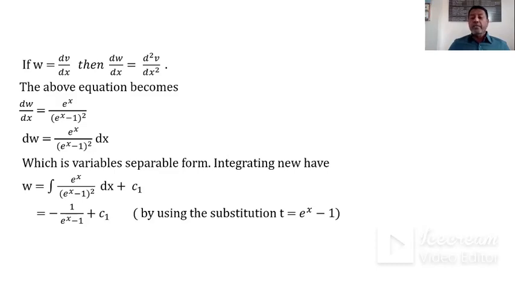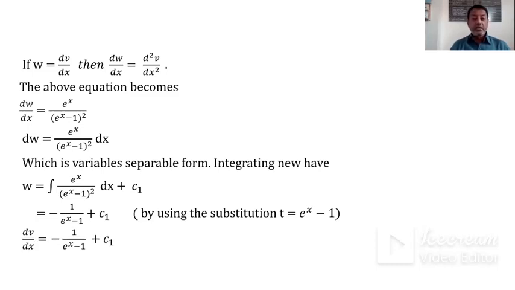And then taking the derivatives and so on, the remaining part you are able to solve. After evaluating this integral, we get minus 1 upon e to the power x minus 1 plus c1. Now here again substitute the value of w as v dash, meaning it is dv by dx.